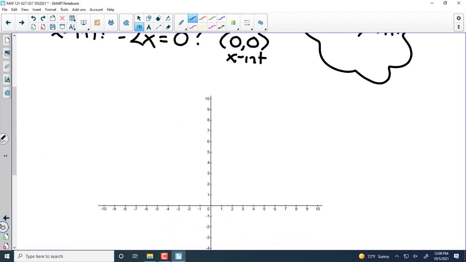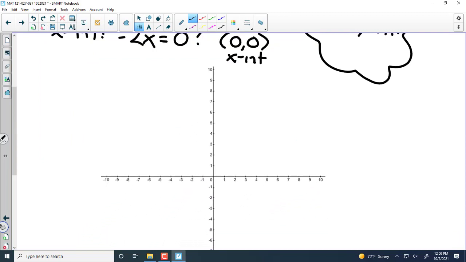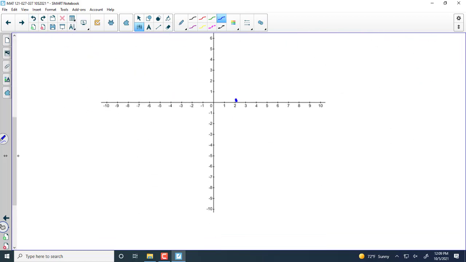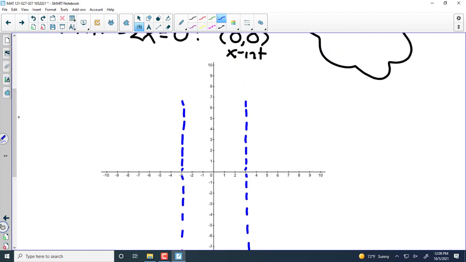Wait a minute, where were they? 3 and -3, not 2 and -2. Okay, get my vertical asymptotes in here.